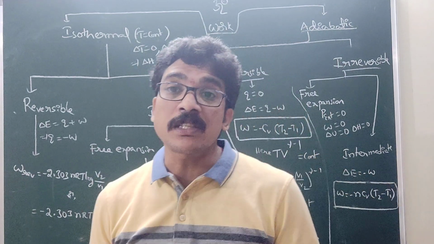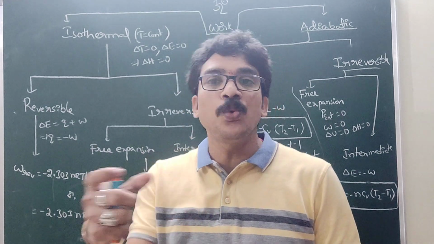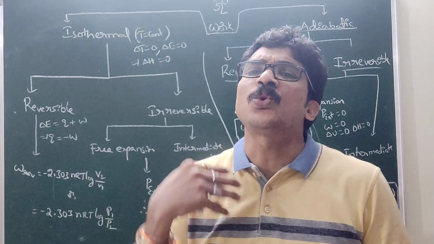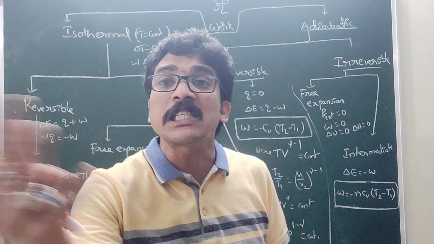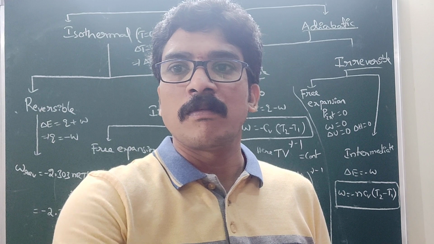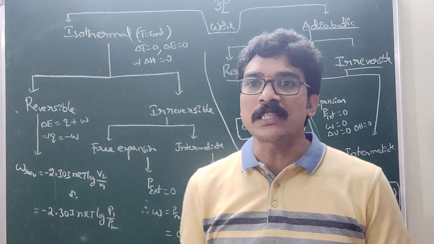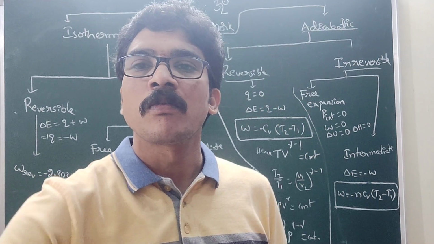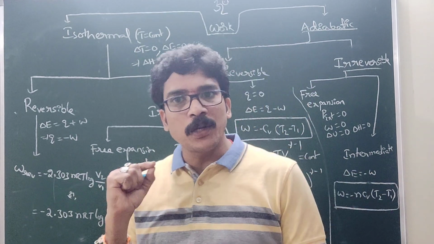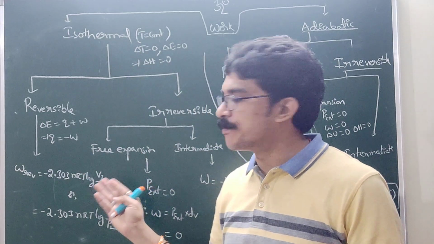According to the first law, internal energy change is the sum of Q and W. But here delta E is 0, so the total heat applied on the system must be converted to work. Q is equal to minus W.